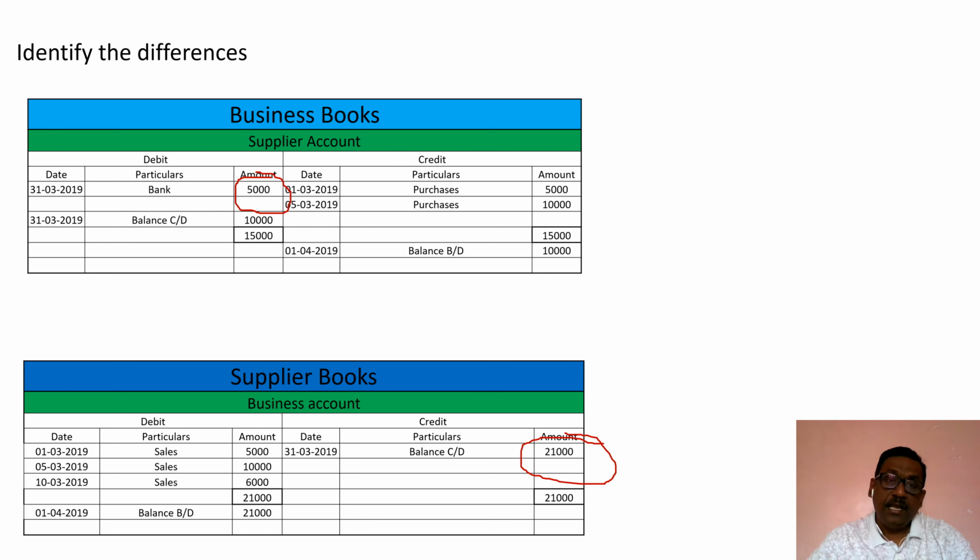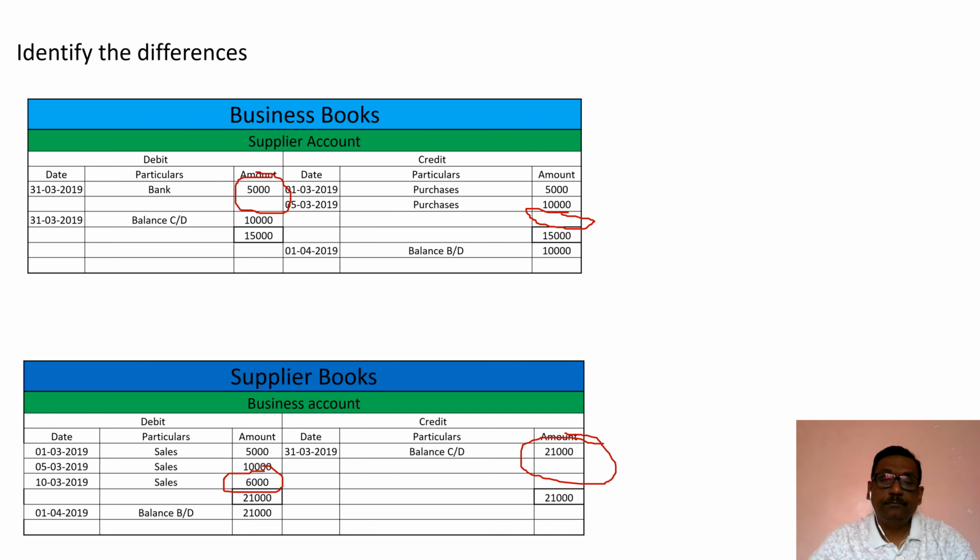That means I have recorded a payment of 5,000 rupees in my books, but I don't see that 5,000 rupees payment in the supplier's books. So after analyzing the ending balances, how do I conclude here? Number one, one sale of 6,000 in the supplier's books is not recorded as a purchase in my books.